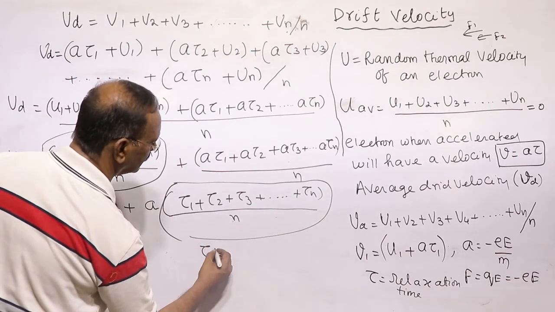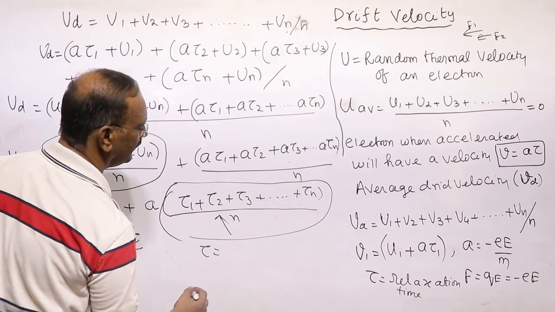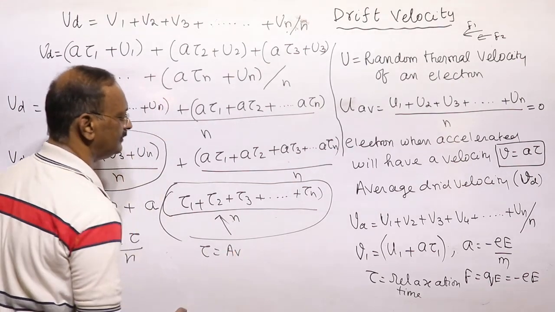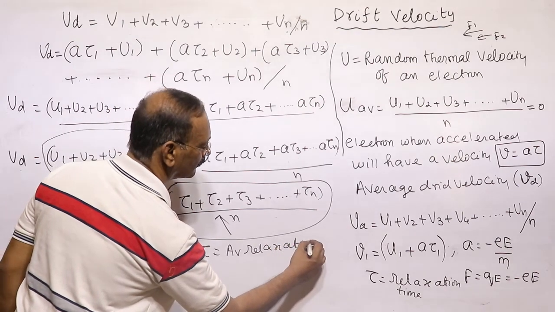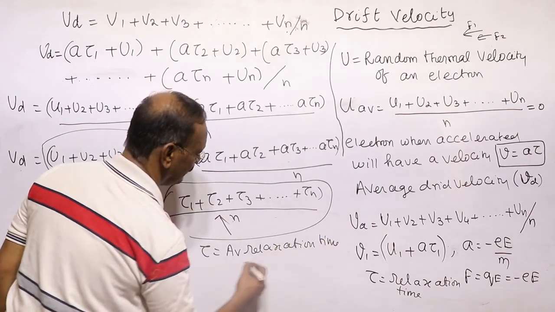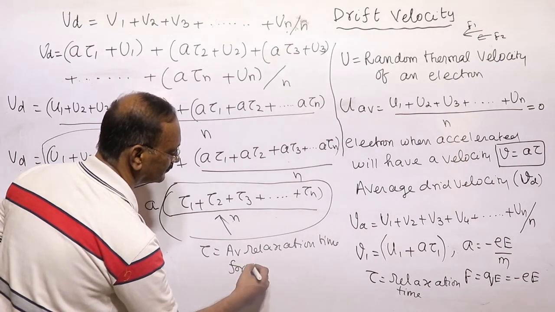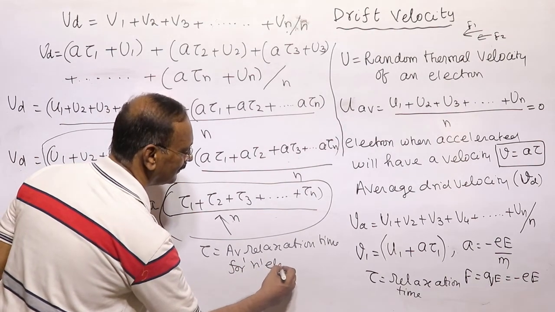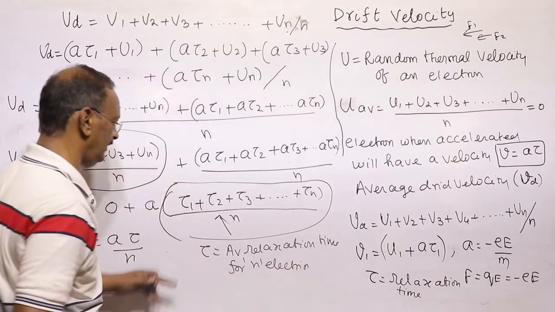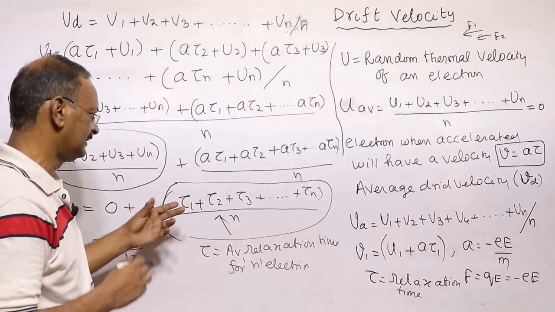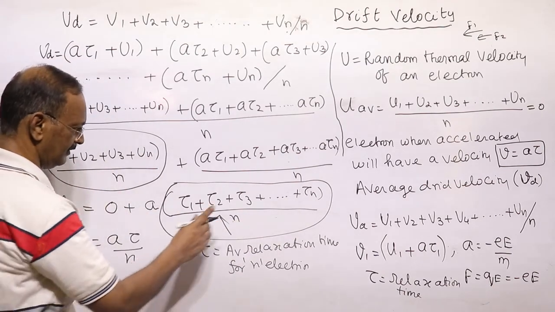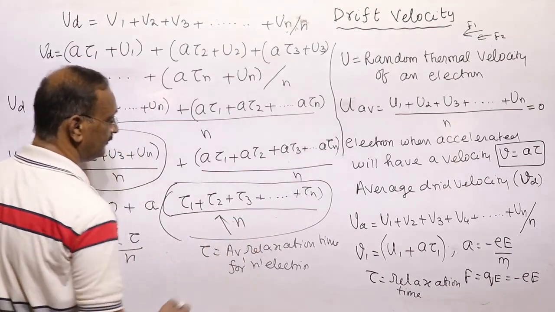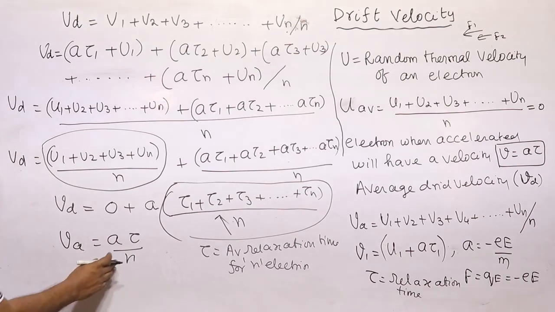So tau is equal to this expression, which is the average relaxation time for n electrons. That is, if we add the relaxation times of electron 1, electron 2, up to electron n and divide by n, this becomes the average relaxation time.